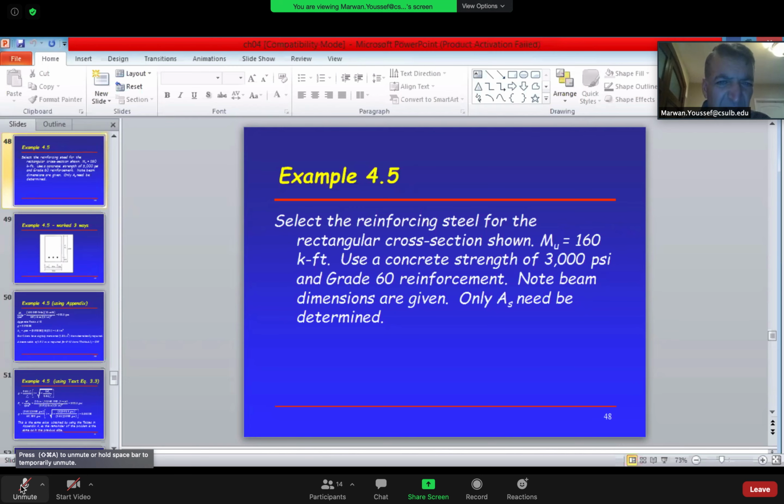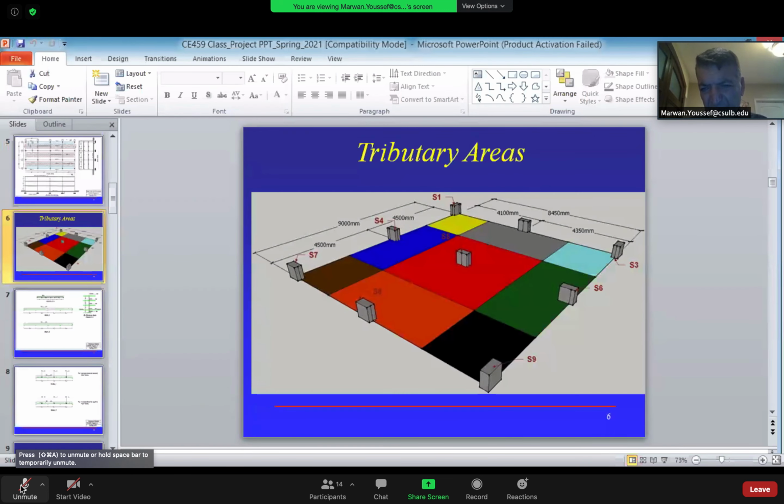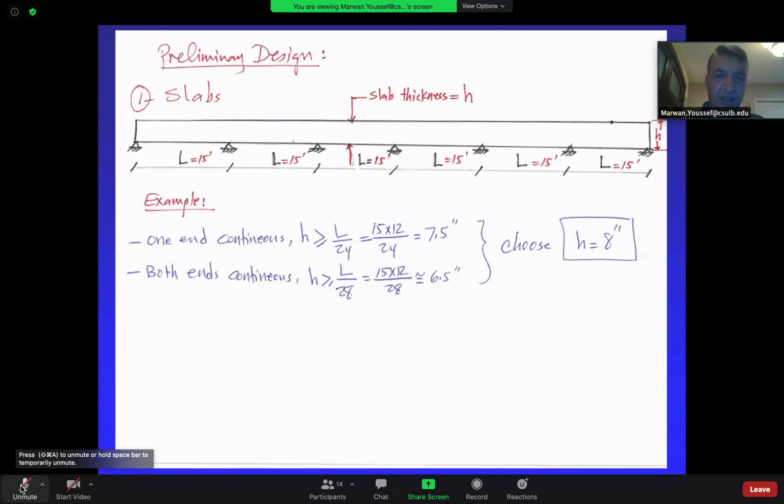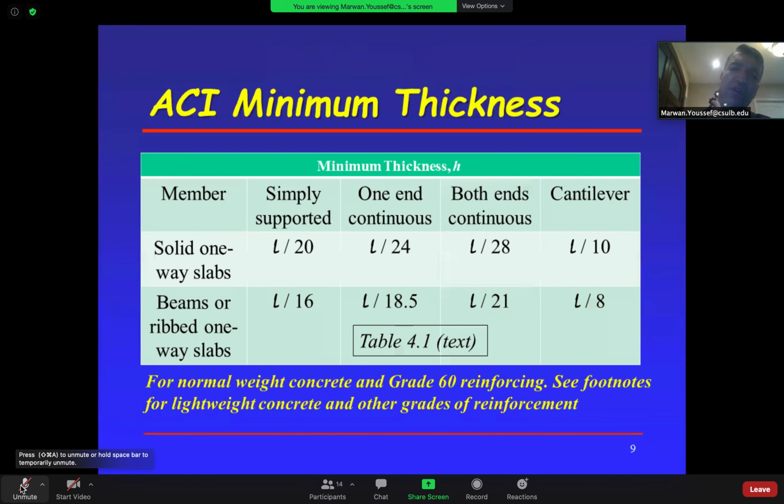Where is that? Right there. Okay, so this is the PowerPoint for the beam, for the project.